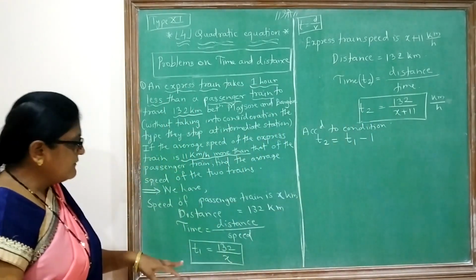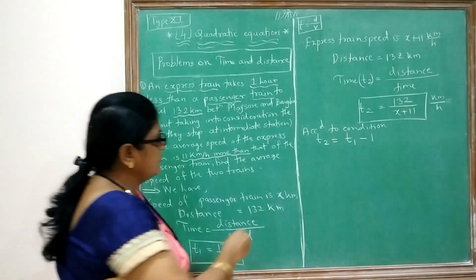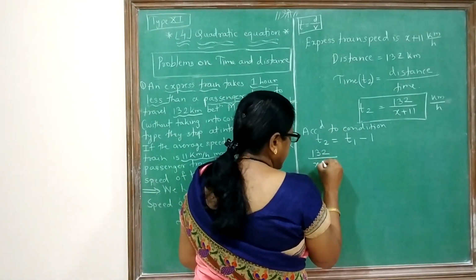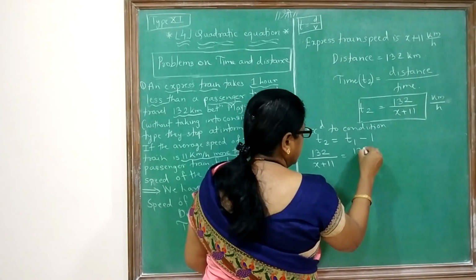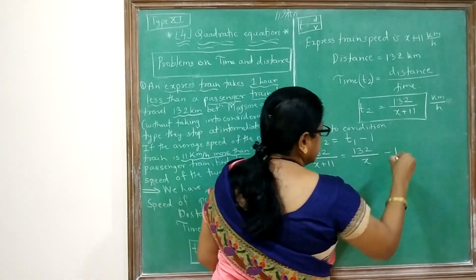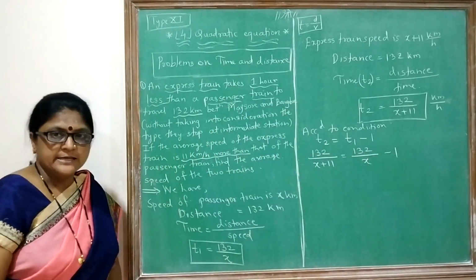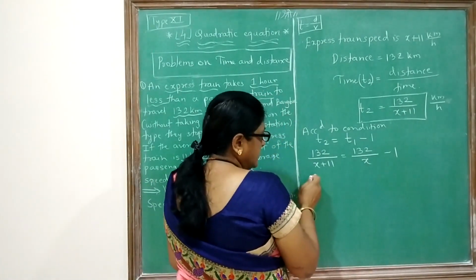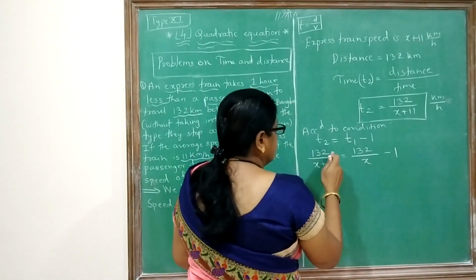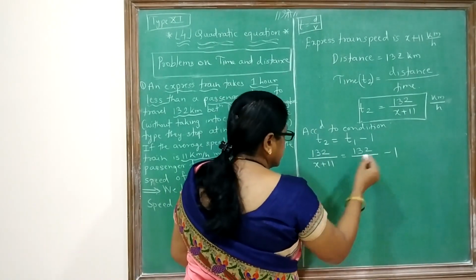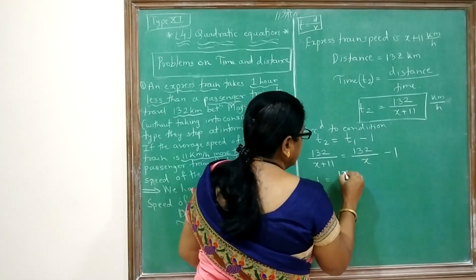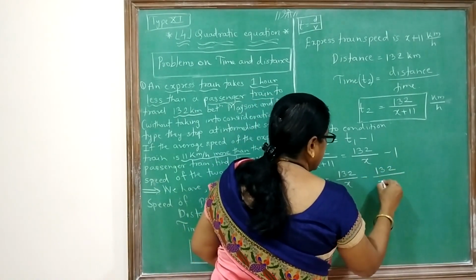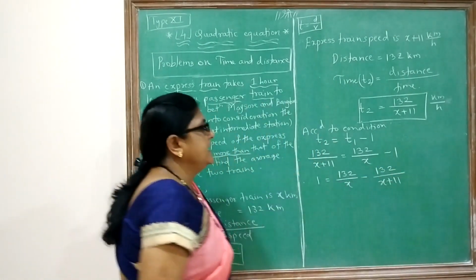Then you will put the values of t1 and t2. You will get 132 divided by x plus 11 equal to 132 divided by x minus 1. Then this minus 1 will be transferred here and 132 by x plus 11 will be transferred there, that is 1 equal to 132 divided by x minus 132 divided by x plus 11.